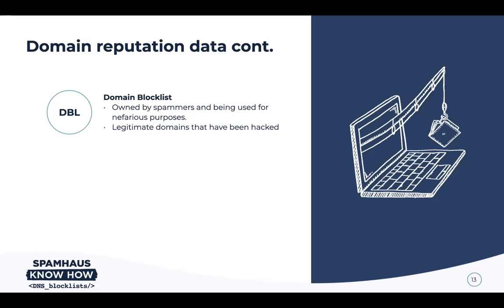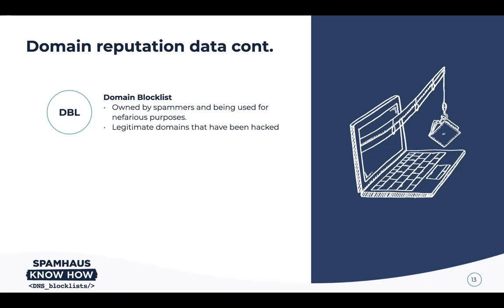But what they basically do is they somehow get control over either the contents of a website or the host name of a domain name, and are able to use an otherwise legitimate domain name to now host something bad, like a phishing website or a redirection website, anything like that.